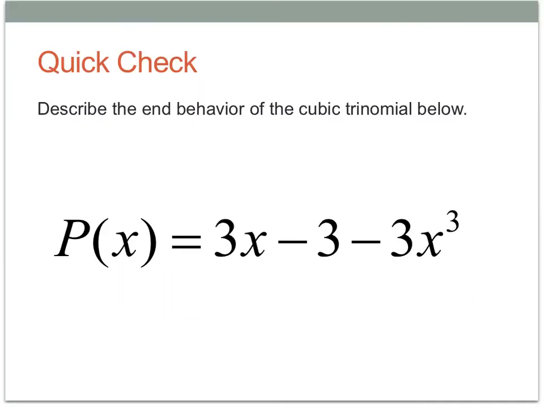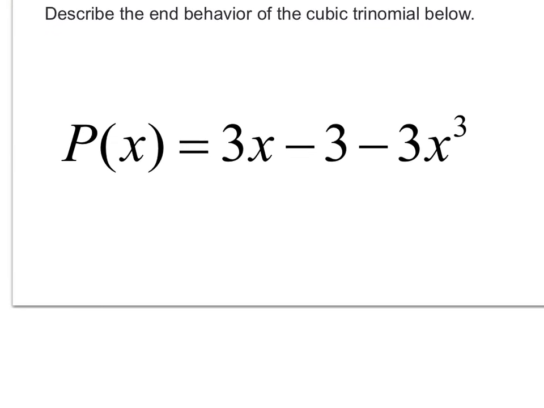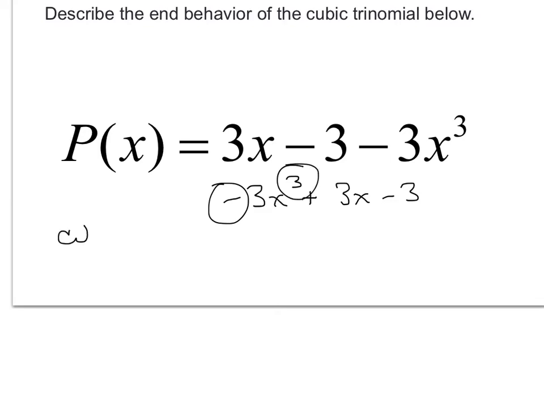So here's a quick check. We're going to describe the behavior. The first thing I'm going to do is rewrite this in standard form. I see the negative and I see the odd. The cubic tells me that it alternates. It's negative, so I know it's going to end negative.